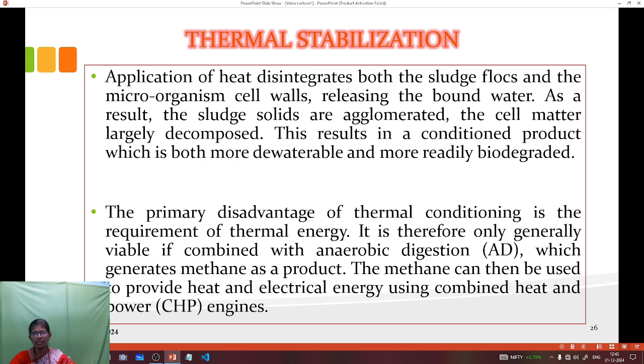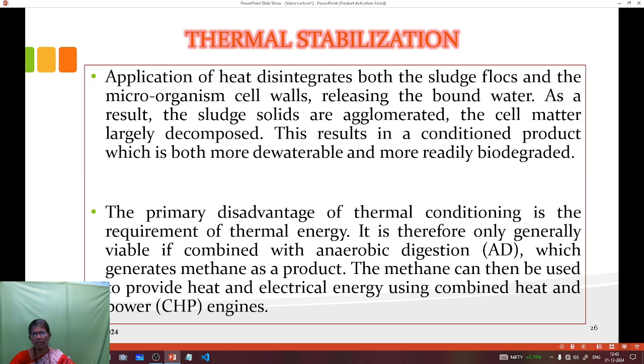This will enhance dewatering because all the microorganism cell walls will be broken and release all the contents. So the final conditioned product will be easily dewaterable.